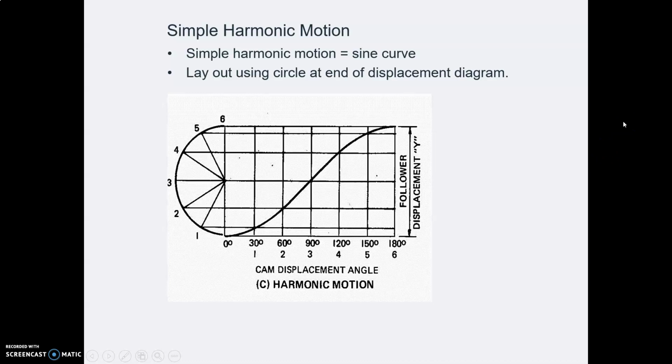What we are going to draw in our assignment is a thing called harmonic motion, and it uses a sine curve. And if you have not run into a sine before, well, you probably have, and you are probably aware that a sine wave is just a graph of a spinning circle.